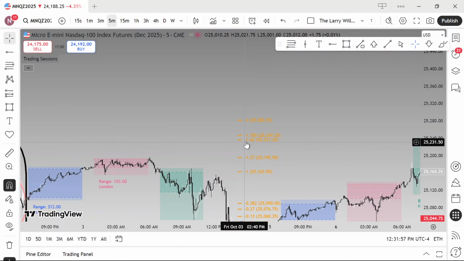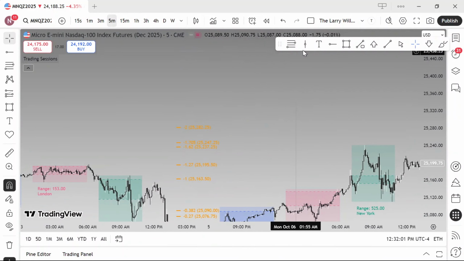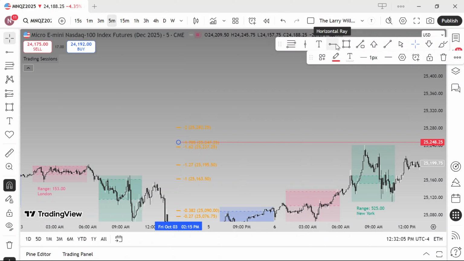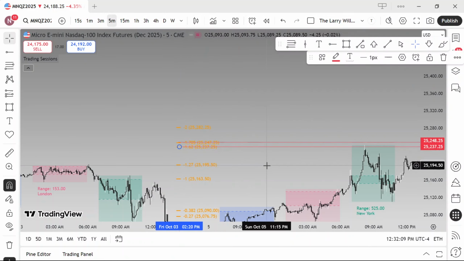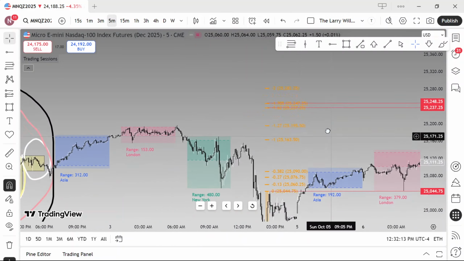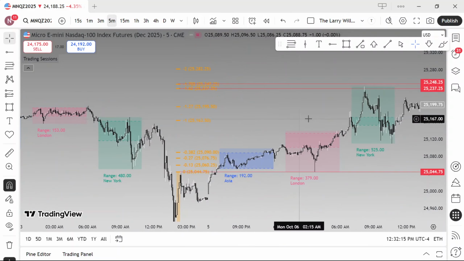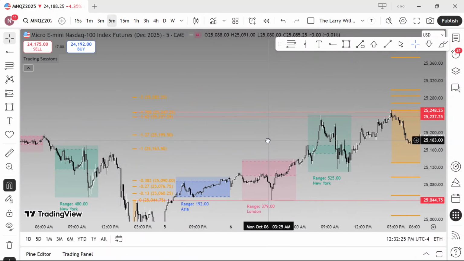This is just the same premise behind that. So when we start lining some of these up, we have 705, we have 62, and then usually I have 79 on here, but I don't have it on my preset right now. But anyways, now look at this. Using the CBDR, we can see how we frame the low of the day and then frame the high in the New York session.